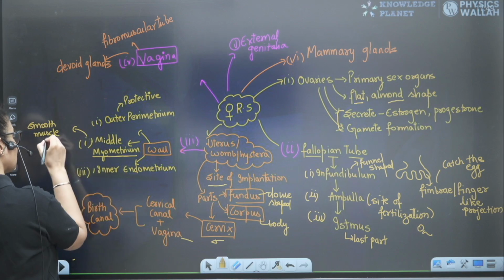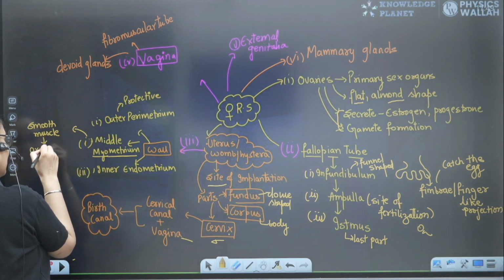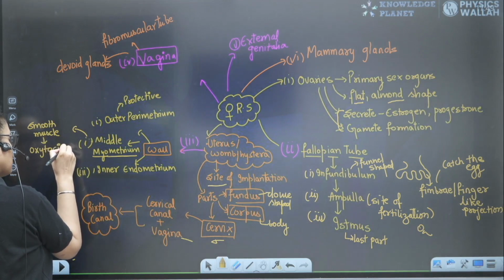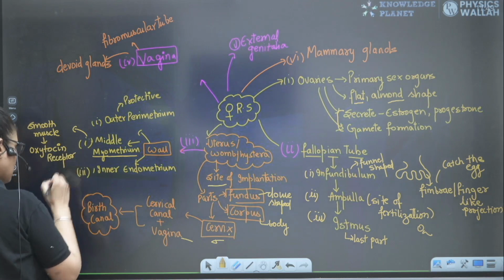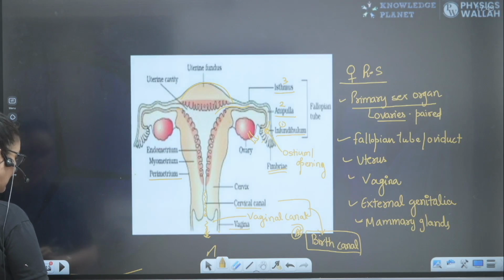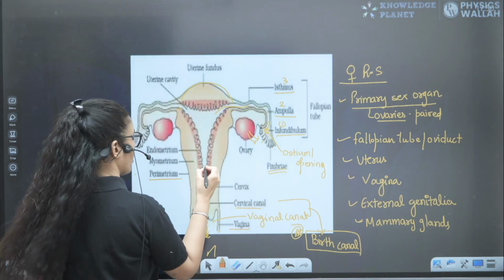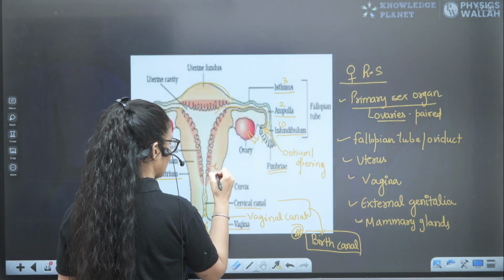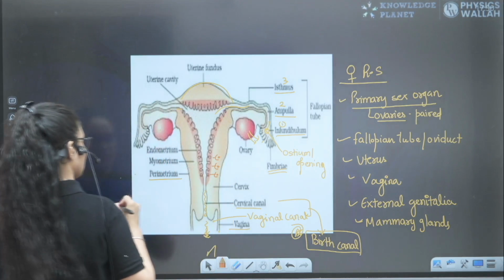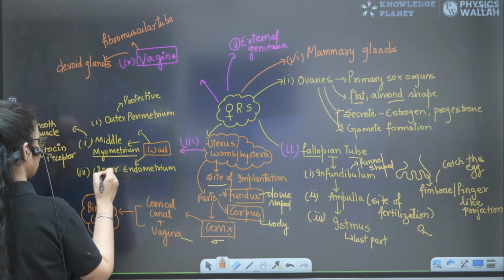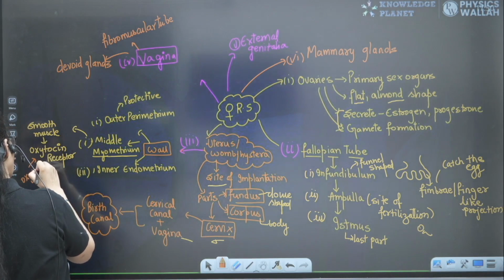The middle layer is smooth muscle, and smooth muscle has oxytocin receptors, right? And why does it have oxytocin receptors? So that during parturition, during baby delivery, the parturition hormone oxytocin will come and bind here on the oxytocin receptor, right? When it binds, what will happen?